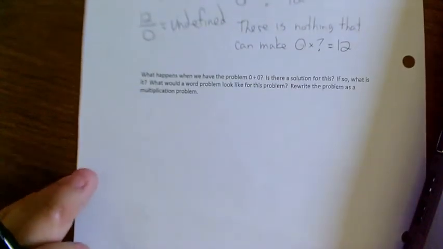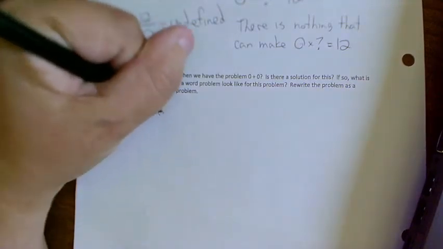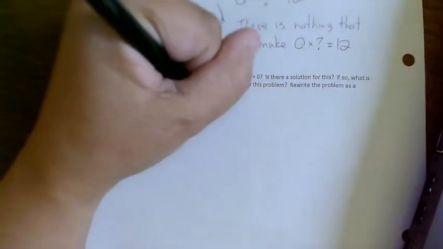So then for fun, what about 0 divided by 0? Is there a solution to this? And if so, what is it? So what would a word problem look like for this? So this one gets a little weird. So this would be like, I have no cookies and no friends to give them to.